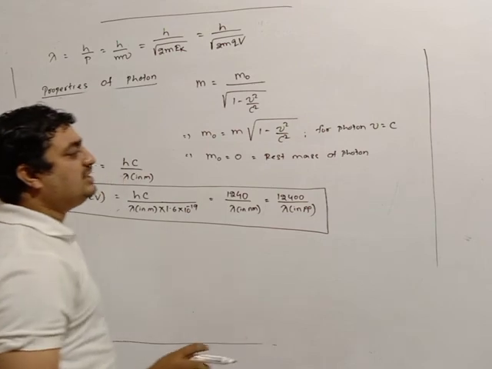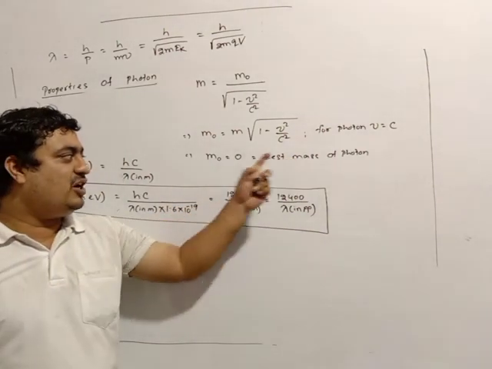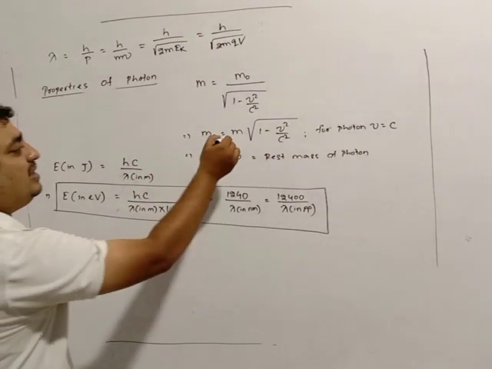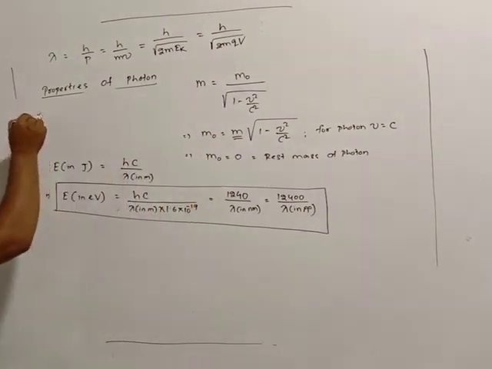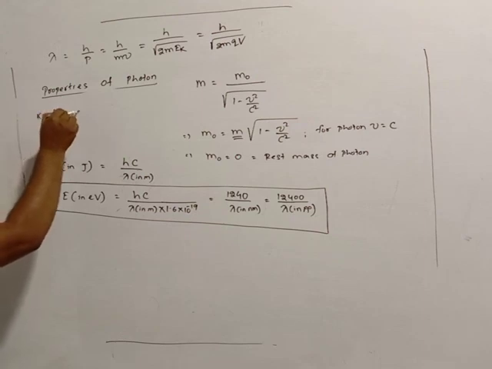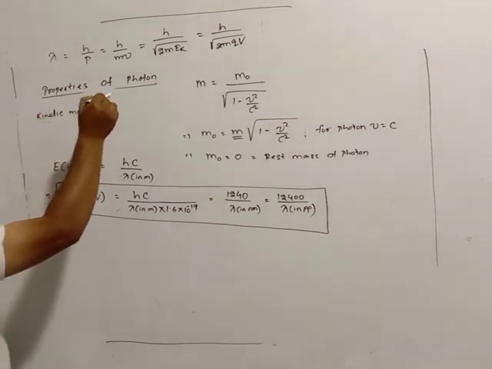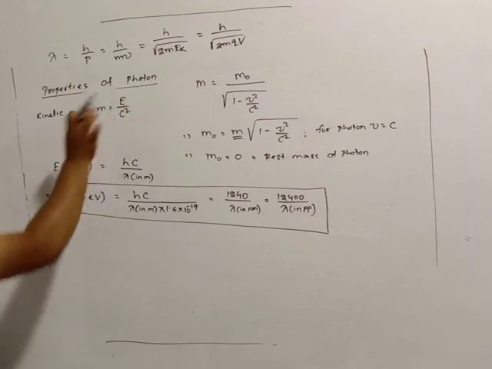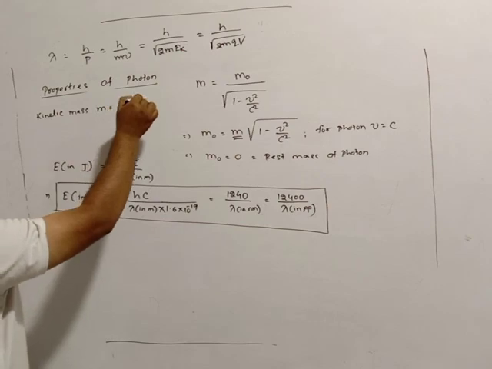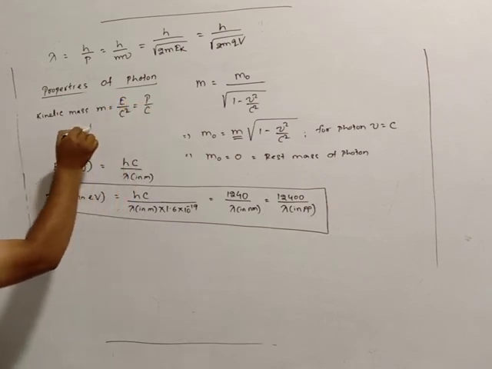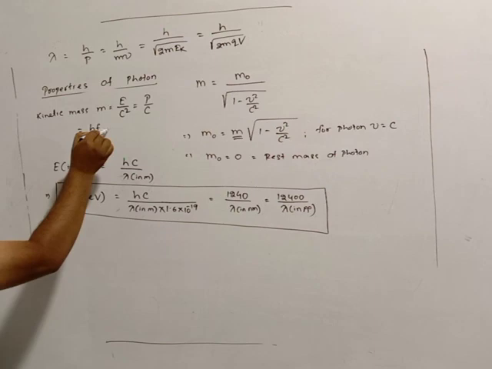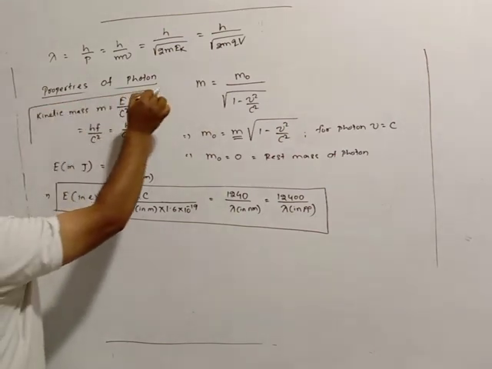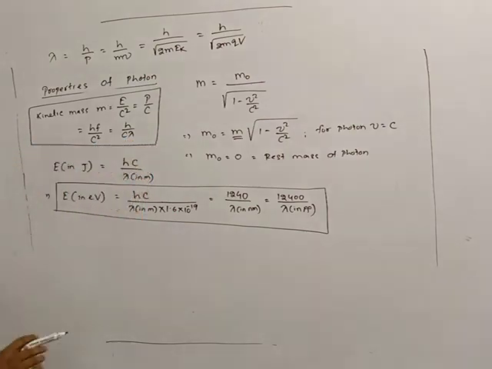So photon has no existence at rest because its rest mass is 0. Now m is the kinetic mass. So kinetic mass of photon m equal to E by c square because E equal to mc square, or that is equal to p by c, that is equal to hf by c square or h by c lambda. This is the expression for kinetic mass of the photon.